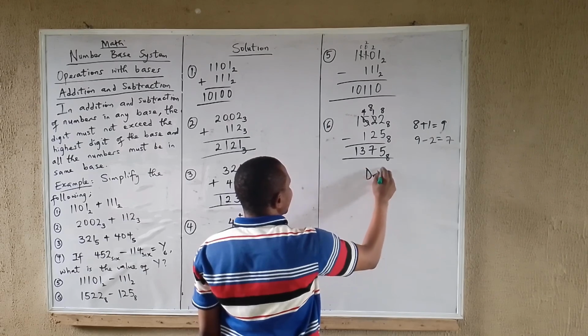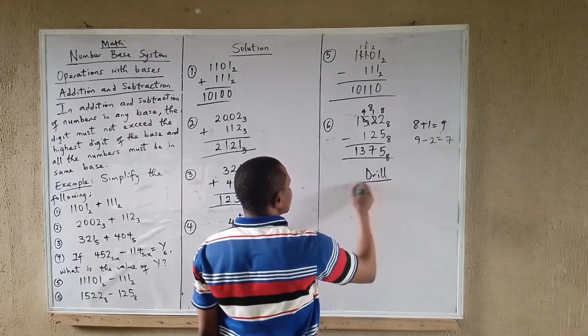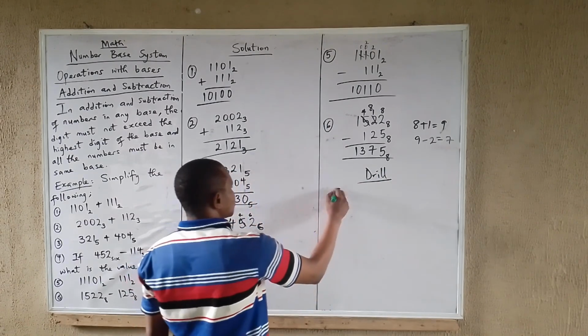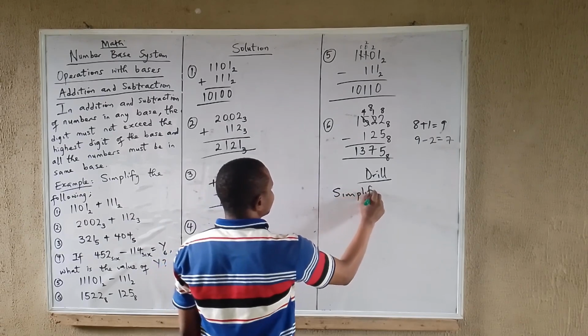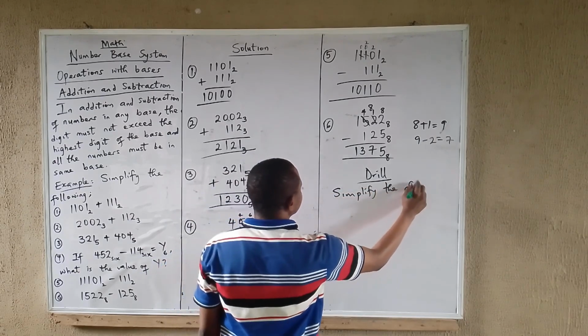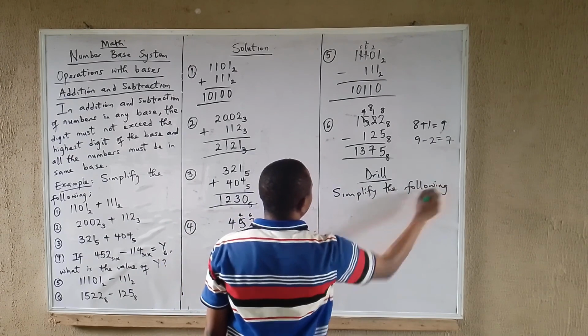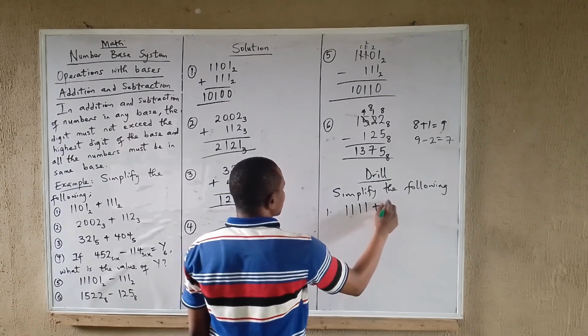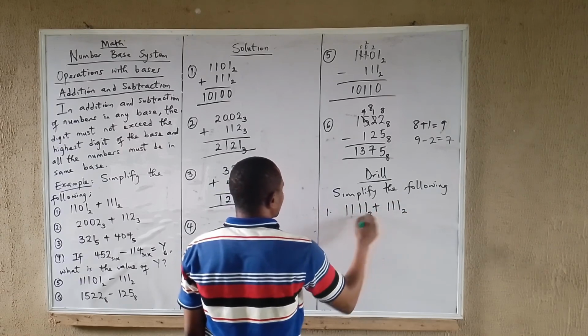I want you to try these questions and put your answer in the comment section. Simplify the following. I'm going to give you 4 questions. 1: 1111 plus 111 in base 2.